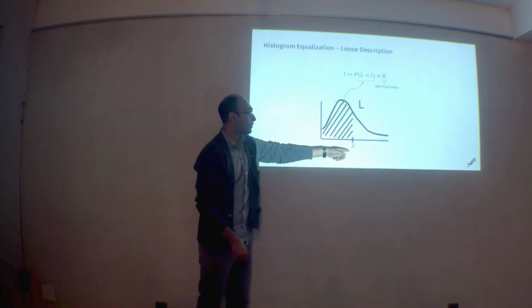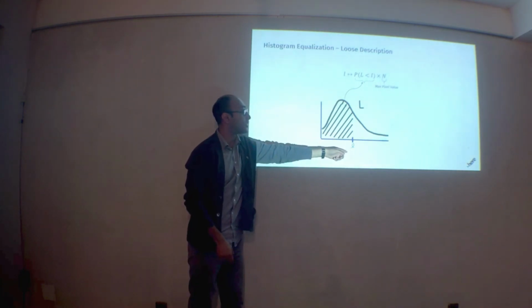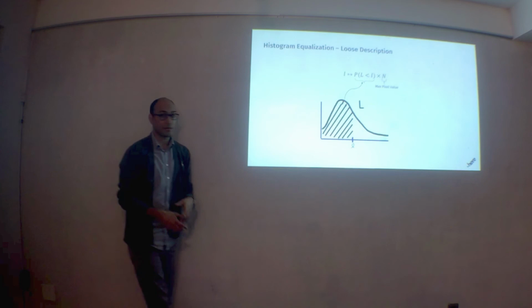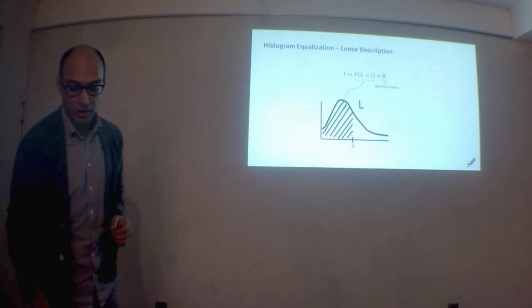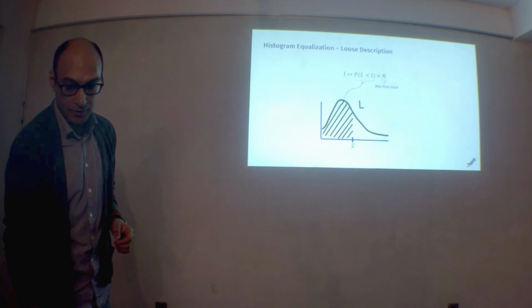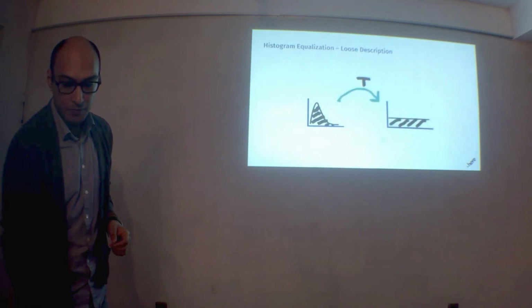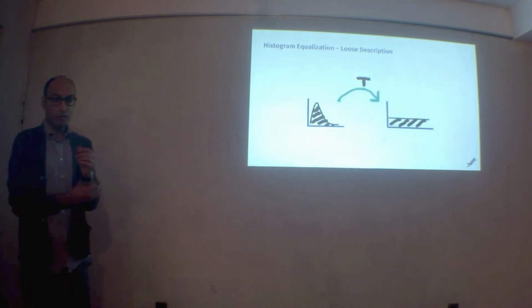We'll find the area under the curve up to this point, and then multiply it by the max pixel value that we choose. And in the examples you see, it's like 100. That's what it is.